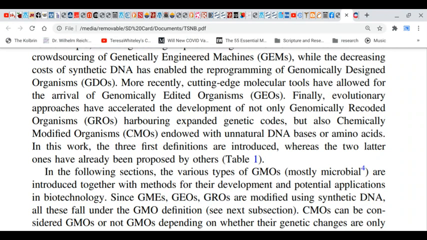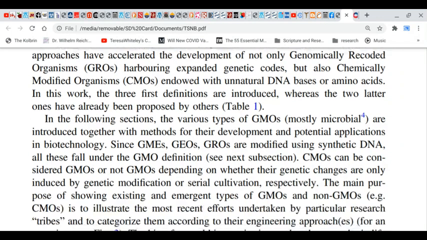In this work, the three first definitions are introduced, whereas the two latter ones have already been proposed by others. In the following sections, various types of GMOs, mostly microbial, are introduced together with methods for their development and potential applications in biotechnology. Since GMEs, GEOs, GROs are modified using synthetic DNA, all these fall under the GMO definition.